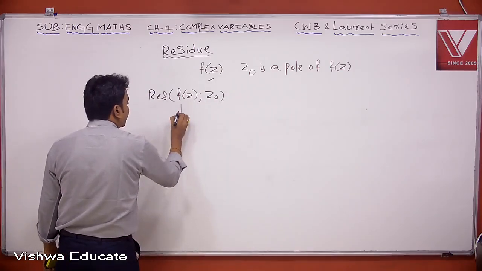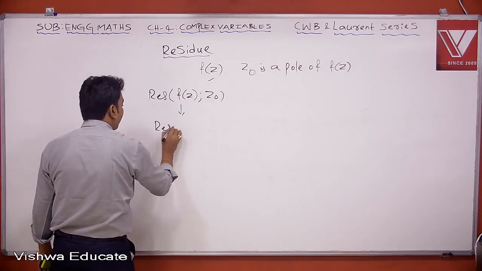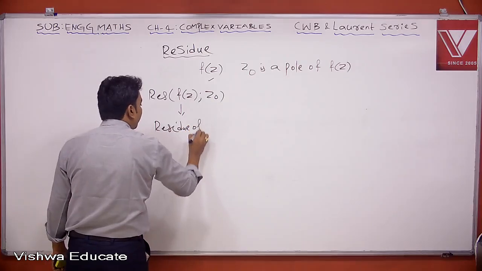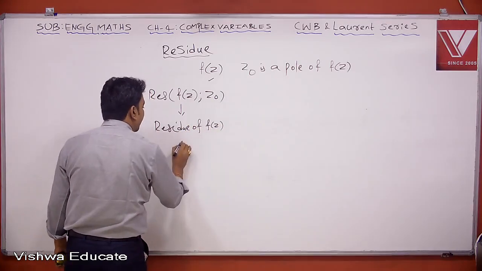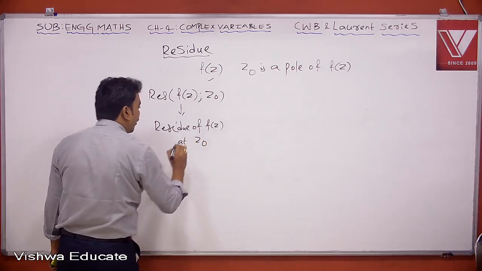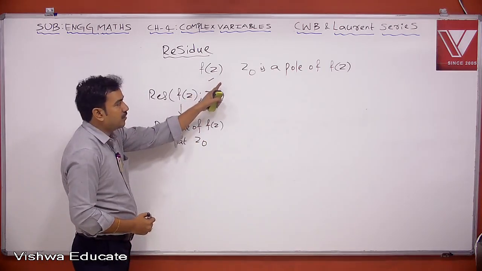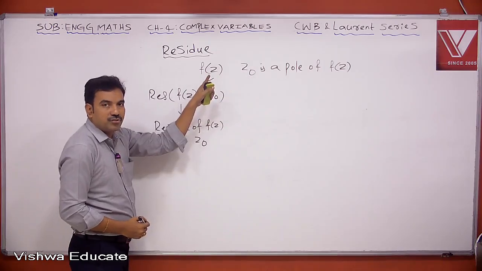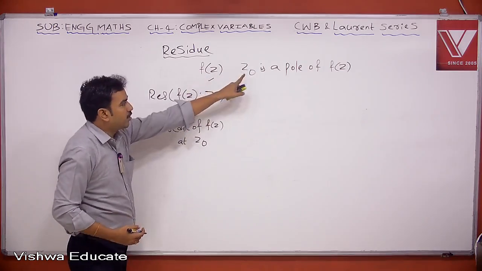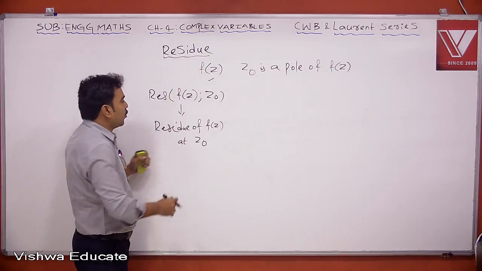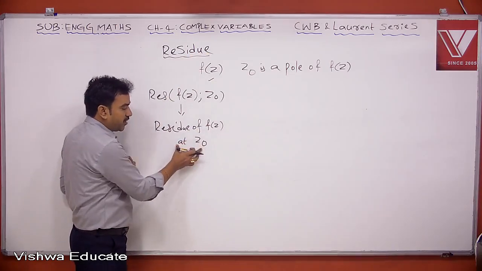Basically, this expression is nothing but the residue of f(z) at z0. So f(z) is my complex valued function and z0 is one of its poles. It may have multiple poles, but z0 is one of its poles. So we need to find the residue of f(z) at z0.